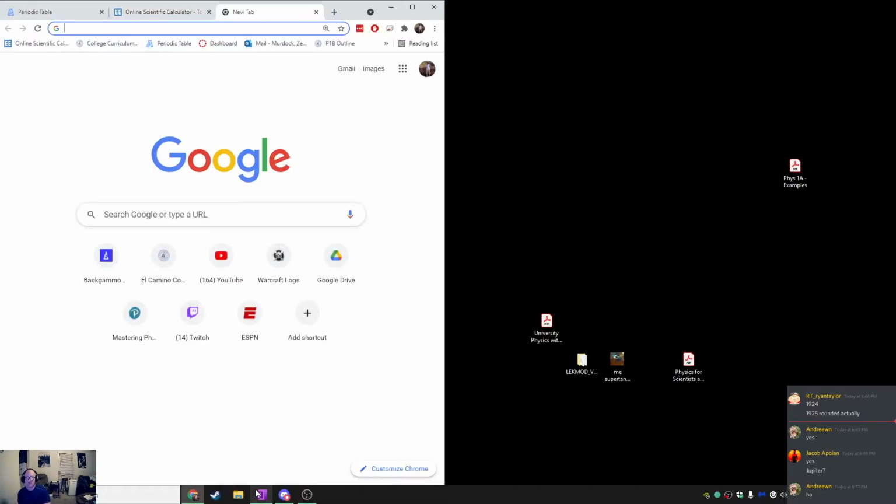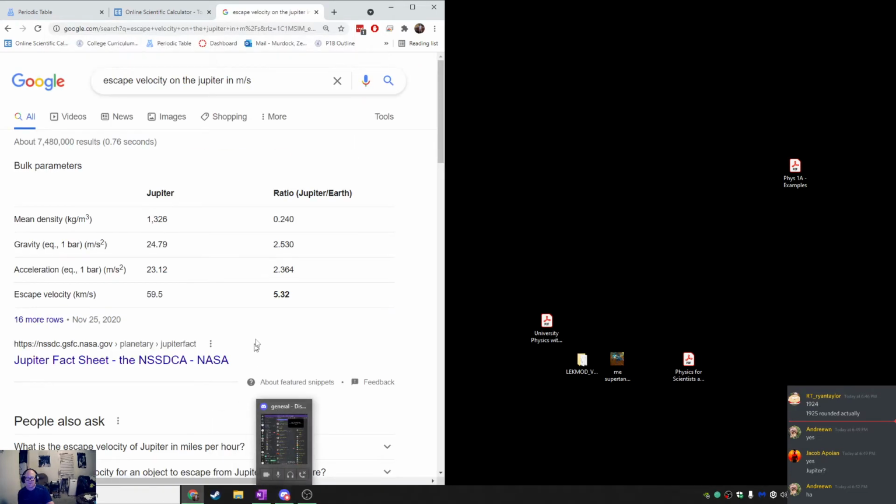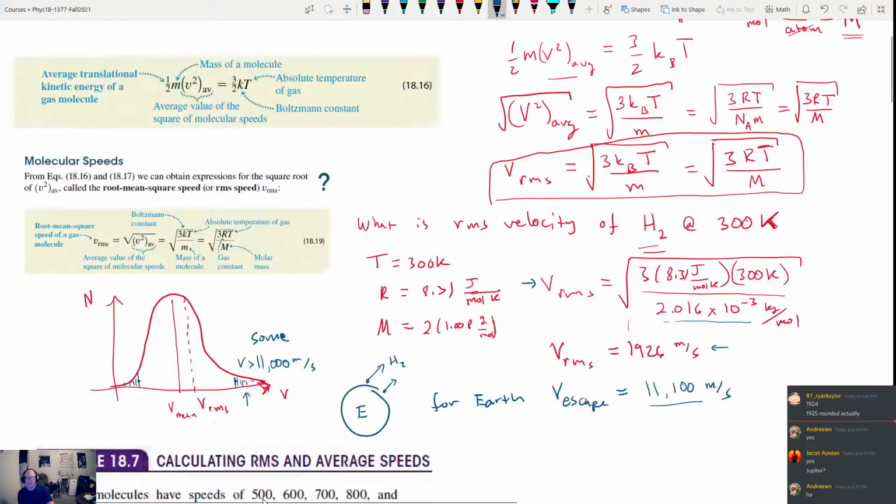Just to show you, the escape velocity on Jupiter is 5 times as much as the escape velocity on Earth. It's about 60 kilometers per second. And with that really, really high escape speed, it makes it less probable that a molecule like this could reach a speed of that size.